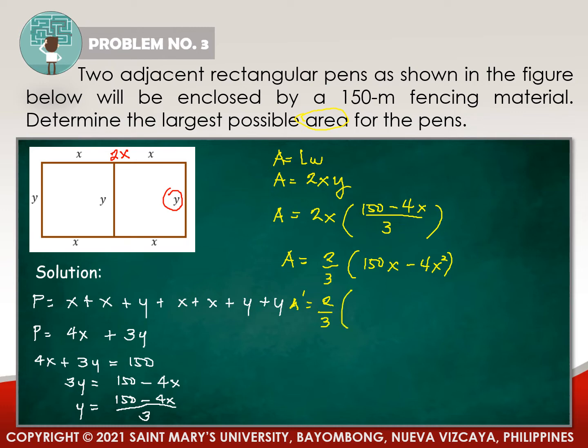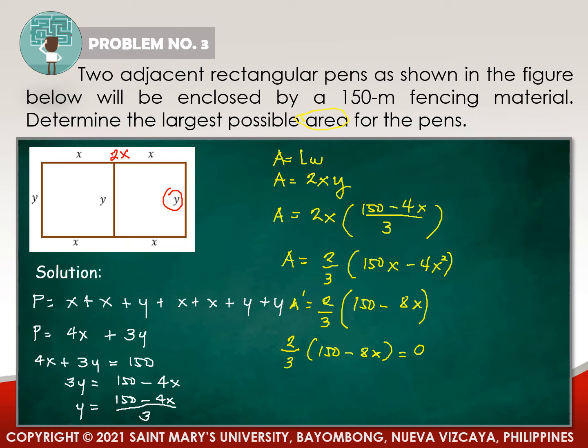So, derivative ng 150x is 150. And derivative ng 4x squared is 8x. So, yan ang ating A prime. Okay? And then, we will equate it to 0. So, therefore, we have 2/3 times 150 minus 8x equals 0.